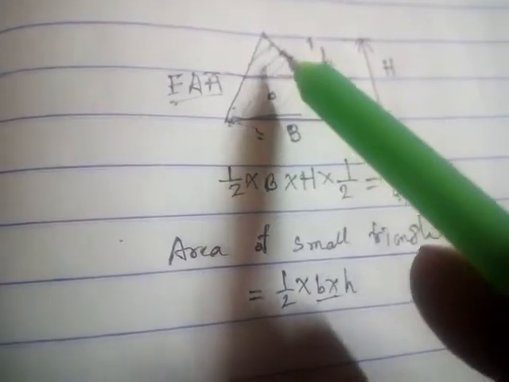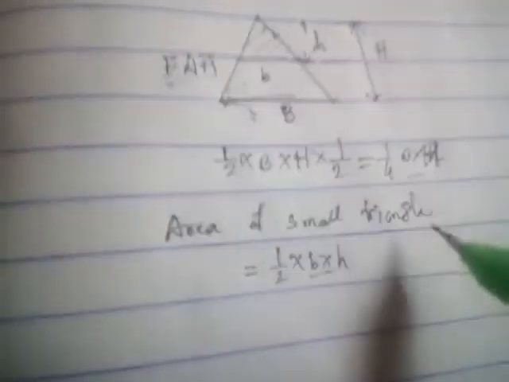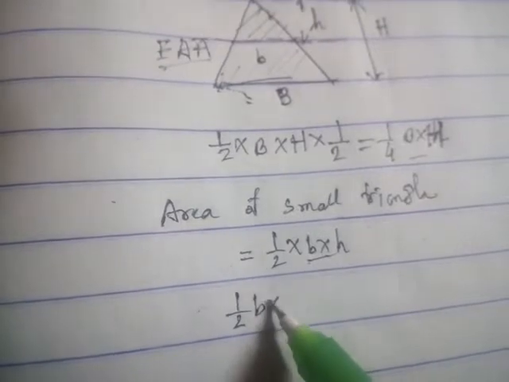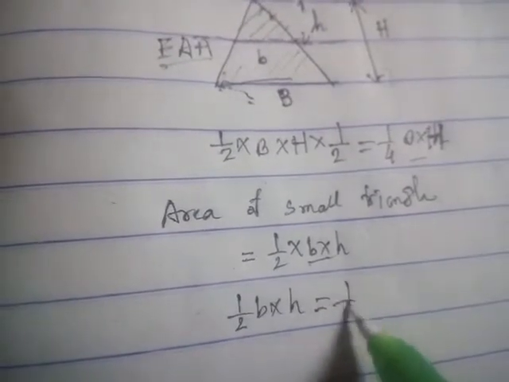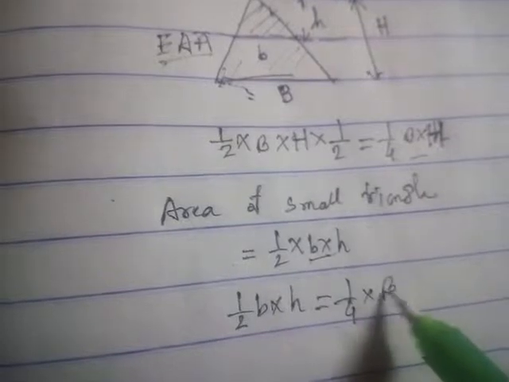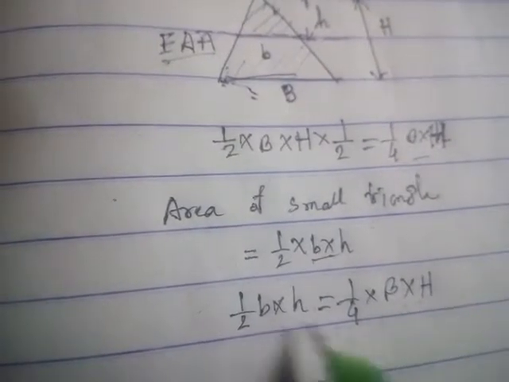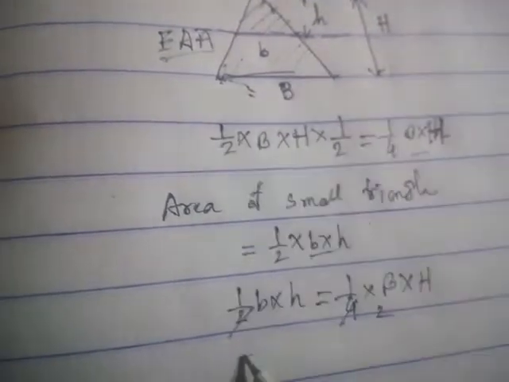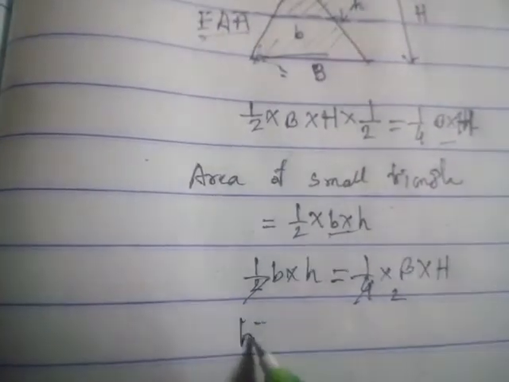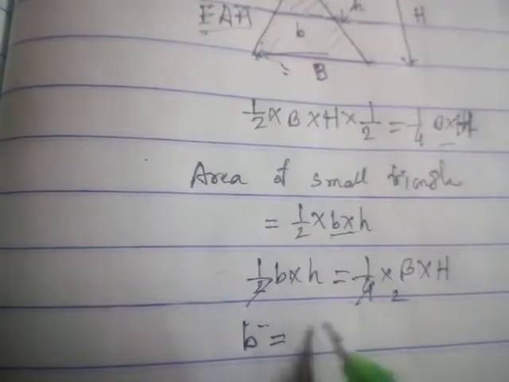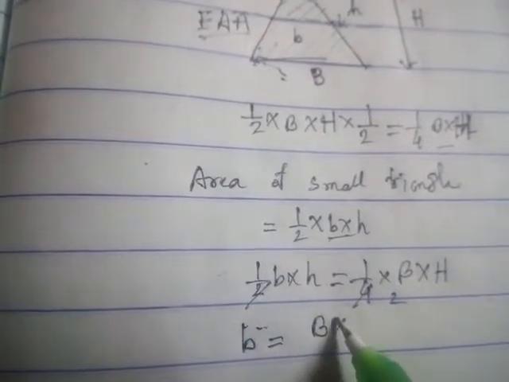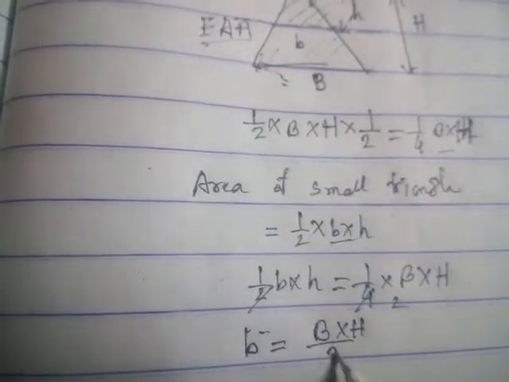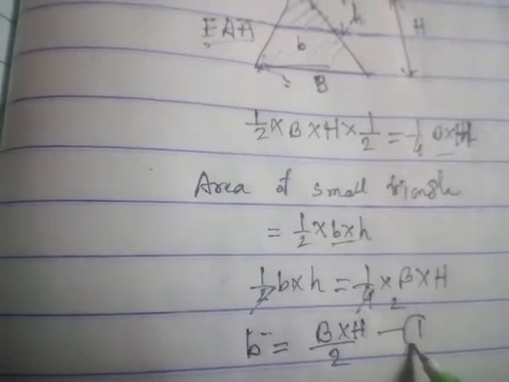So the area of this portion and the half area will be equal, so we can write here half into b into h equals 1/4 into capital B into capital H, okay. Now from here we will get b equals capital B into H by 2h. It is equation number 1.